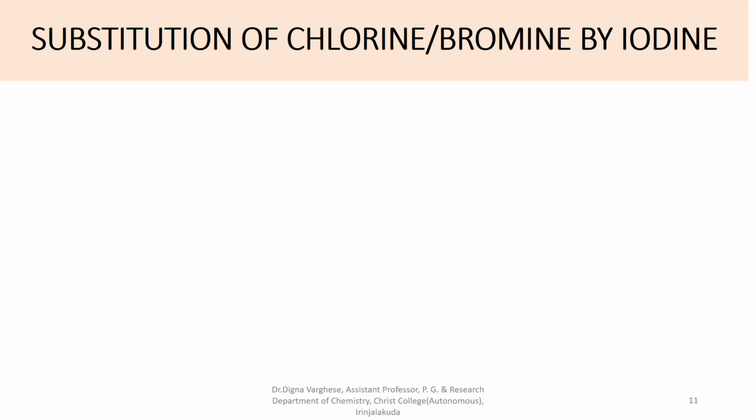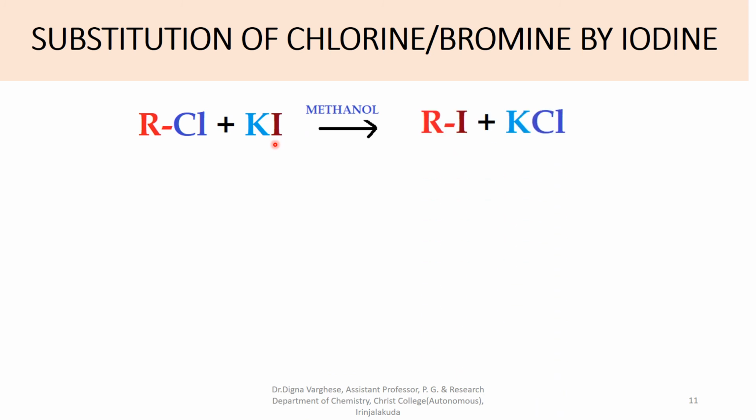Substitution of chlorine or bromine by iodine. Here you can see an alkyl halide reacts with potassium iodide. Here substitution of chlorine by iodine, forming alkyl iodide by the elimination of potassium chloride. It's a general representation.